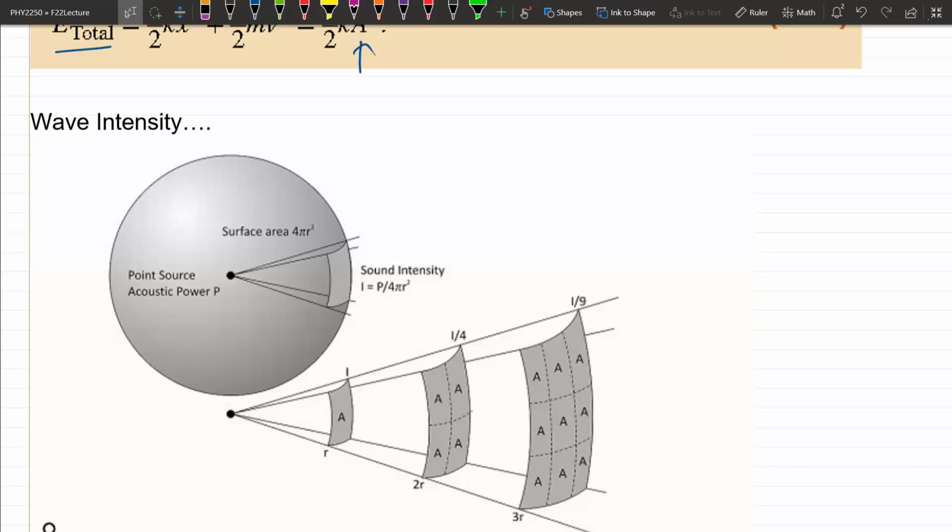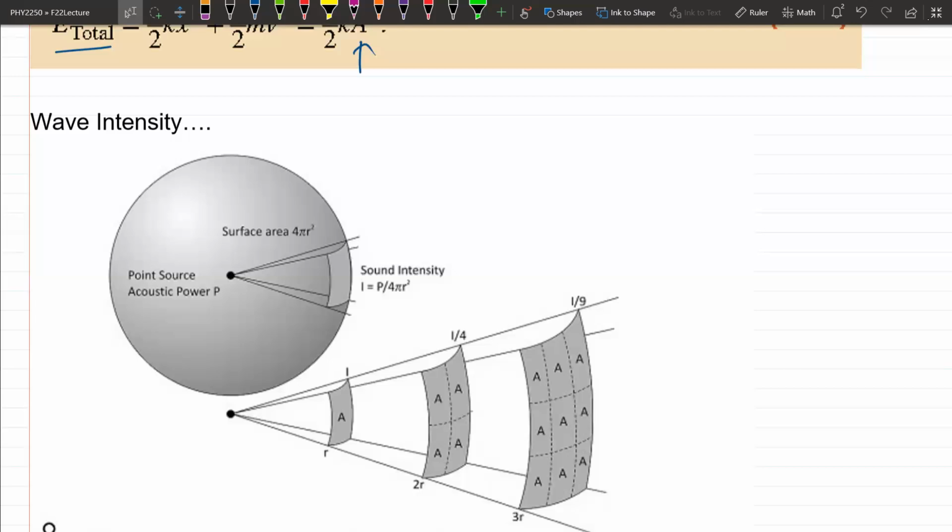So the intensity goes down as the surface area of the sphere it covers grows. Let's say this wave is producing 10 watts of power. If it's distributed amongst 1 square meter, it has some intensity. But if it has to be distributed amongst 100 square meters instead, it'll be 100 times less intense, because the sound energy is spread over a bigger and bigger area.